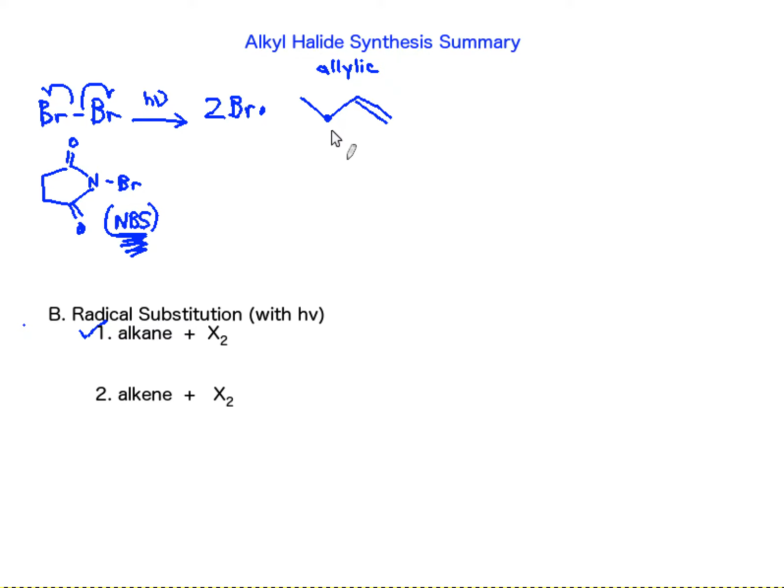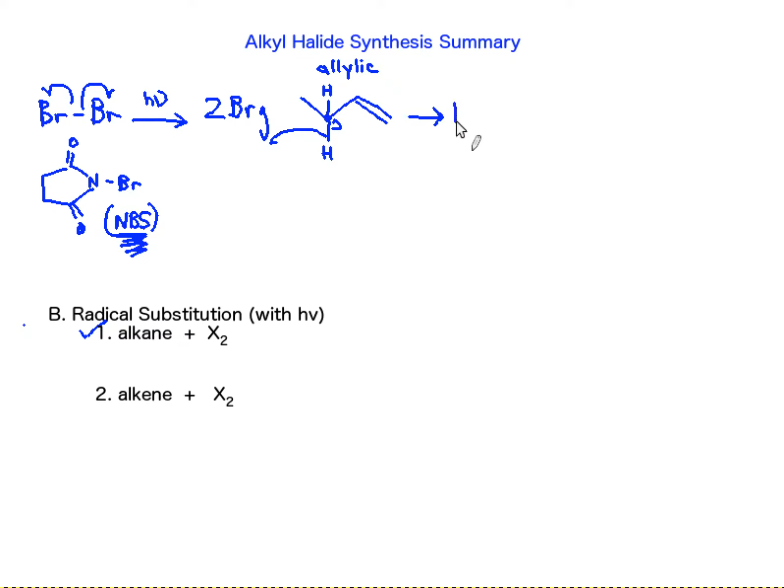So let's do this reaction with the allylic position and then see why it happens there. Sort of, we're going to do a reverse argument. Let's just try it here and see what happens. So there are two hydrogens available for substitution at this allylic position. If we draw the mechanism here, the bromide radical can steal one of those electrons. The other one will just stay on the carbon chain.